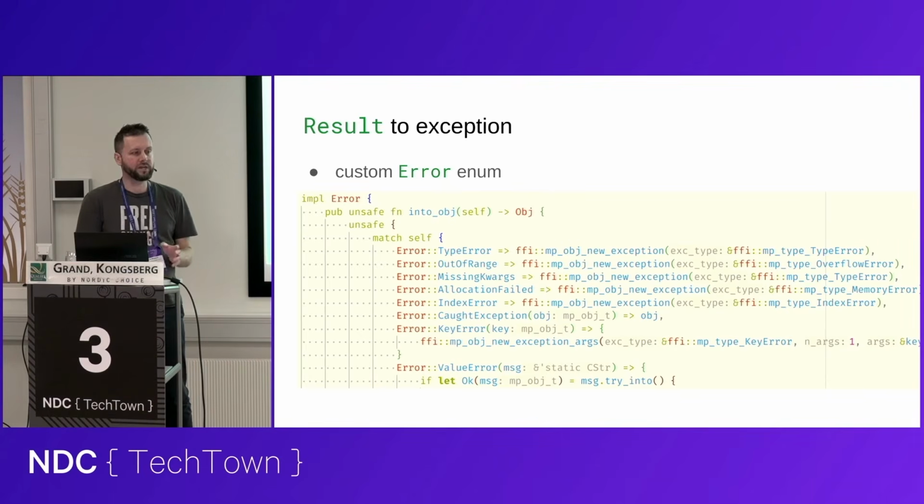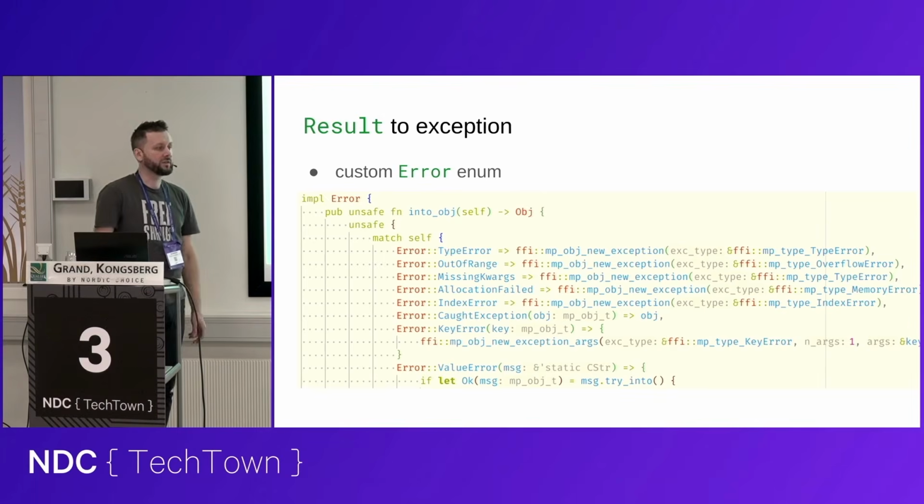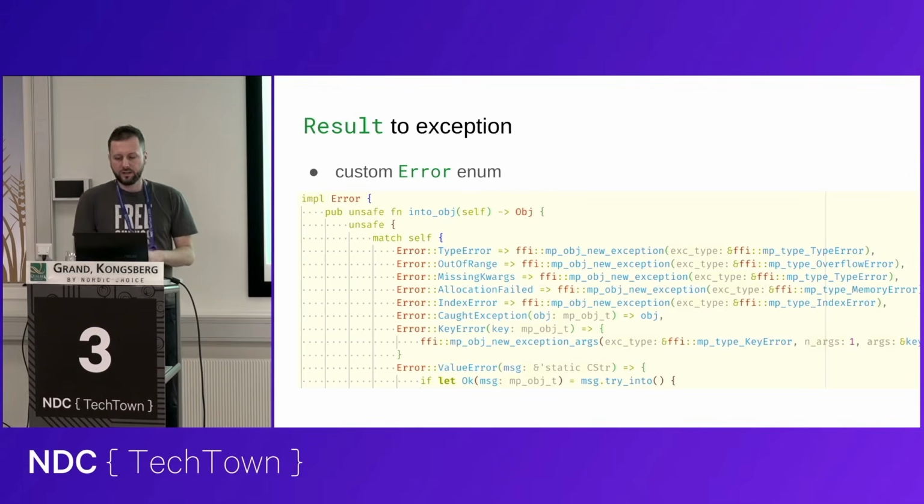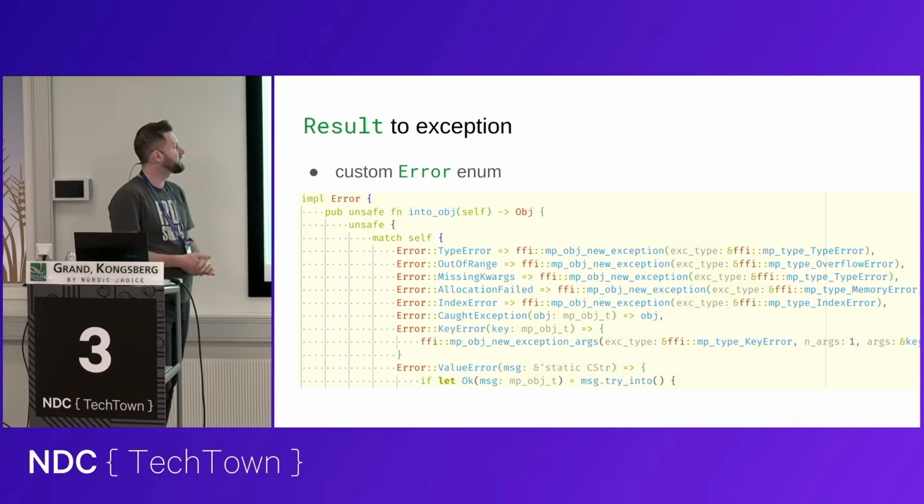That's a little space reserved for exceptions, so that even if your memory is completely full, you can still allocate an out-of-memory exception or any other type of exception and raise it without calling the allocator and failing. So that means that there is one single space for all of those exceptions. And if you call this into object twice, it will override the previous result. So that's the reason this is unsafe. You need to do it carefully. The safety condition here is you're basically supposed to immediately return the result of this back into C and not touch it anymore.